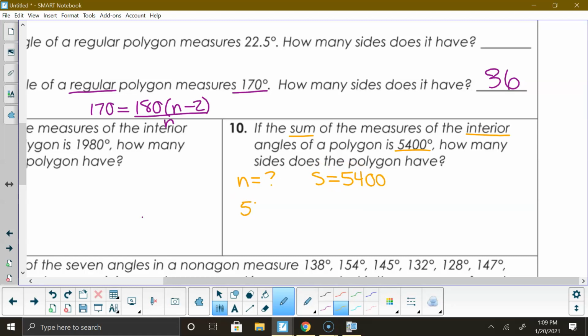So, 5,400 equals 180 times n minus 2. How many of you are like, I just want to divide? Want to distribute and do all that jazz? I'll give you a minute. It's all right.